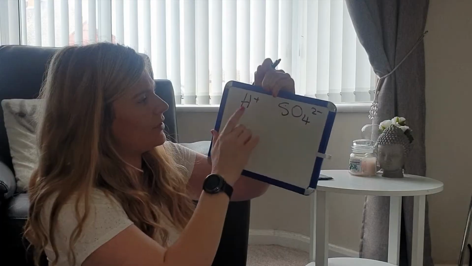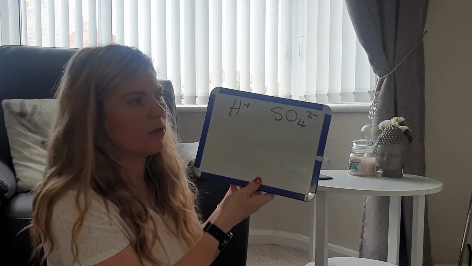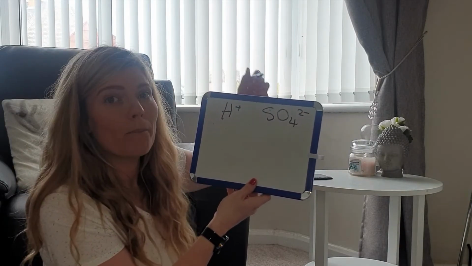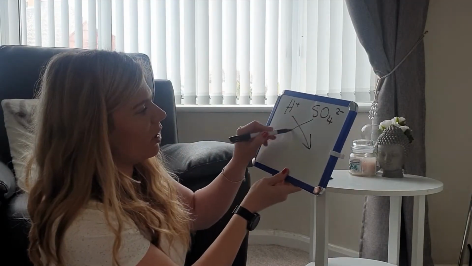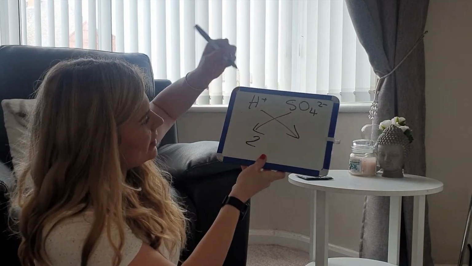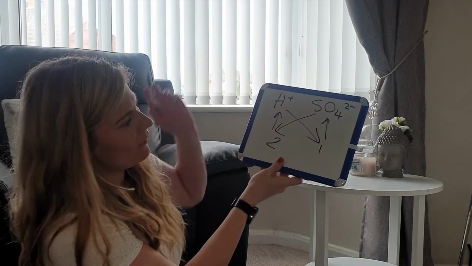So there's 2 negatives. We've only got 1 positive. So we need to balance them out. That means that we need to have more positive things. We need 1 more. So we'll need 2 H's in this. Again, you could do the crisscross, but it doesn't actually show you the science behind it. So the 2 comes to this side, the 1 goes to that side from the charge. That means we need 2 of them and 1 of these.